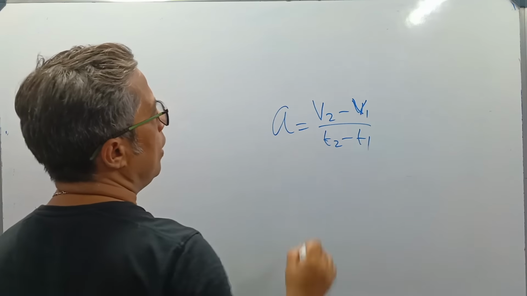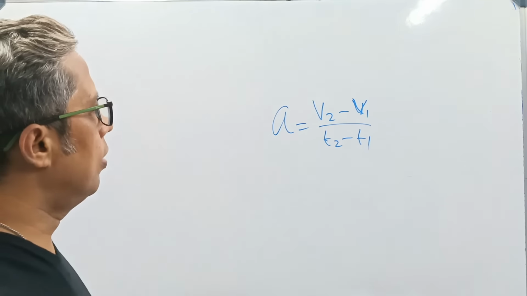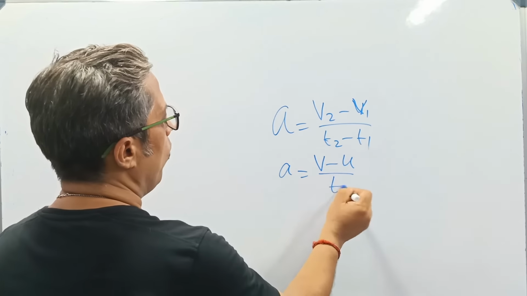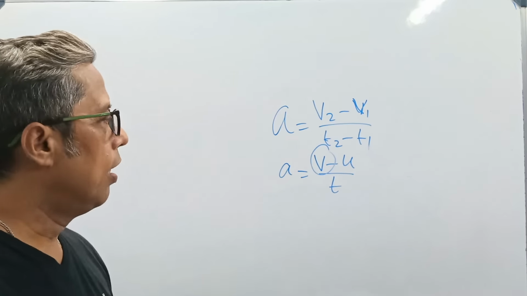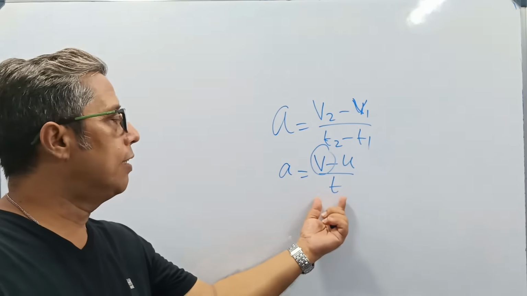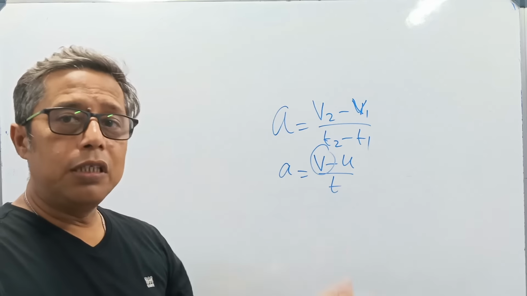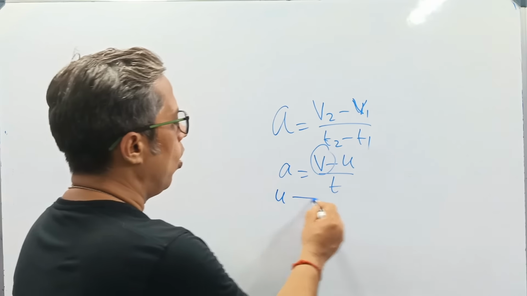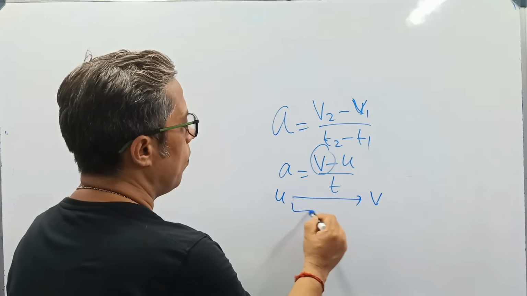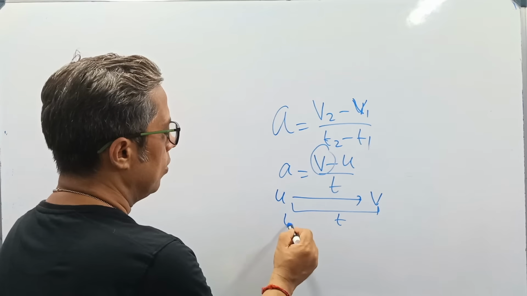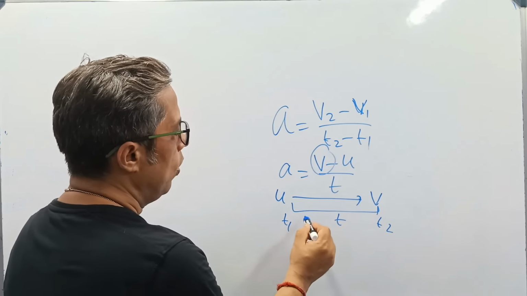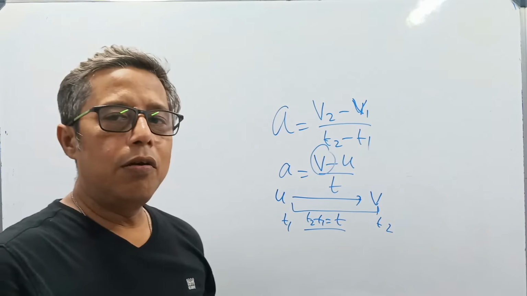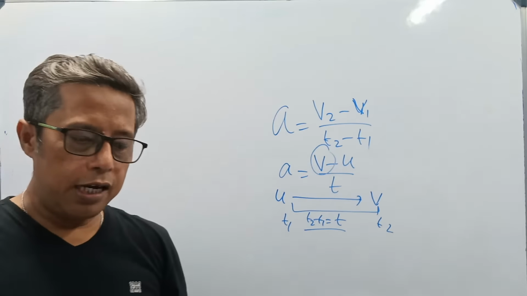We also write this as (v minus u) by t, where v is the final velocity, u is the initial velocity, and t is the time interval. Like the object started at u, reached v, and the time it took is t. If this is t1 and this is t2, you can also write t2 minus t1 equal to t. So you need to be adapted to this approach.